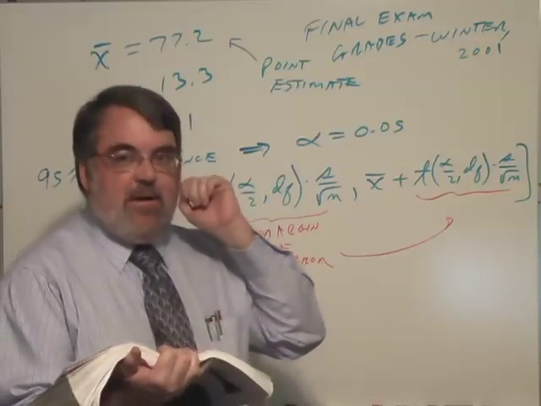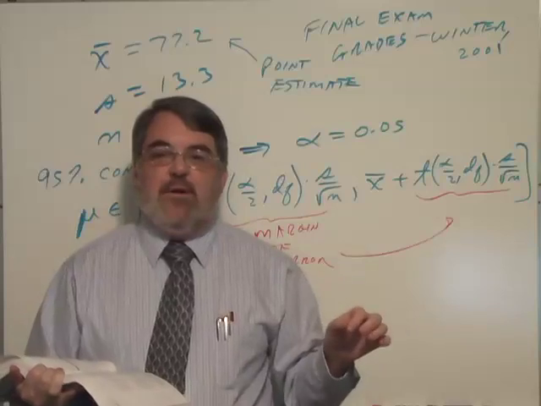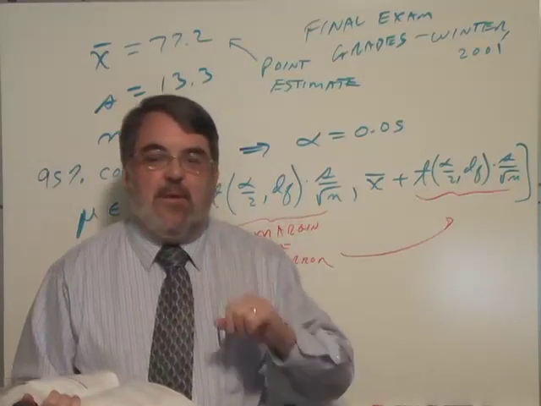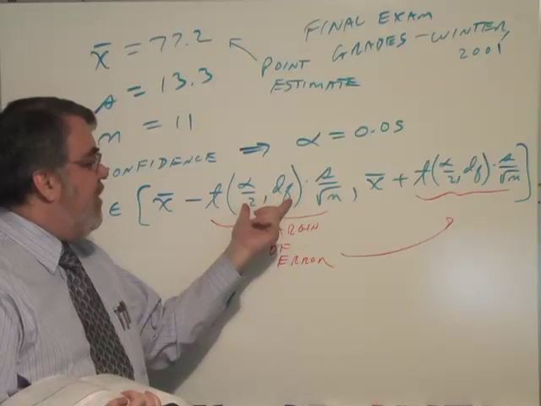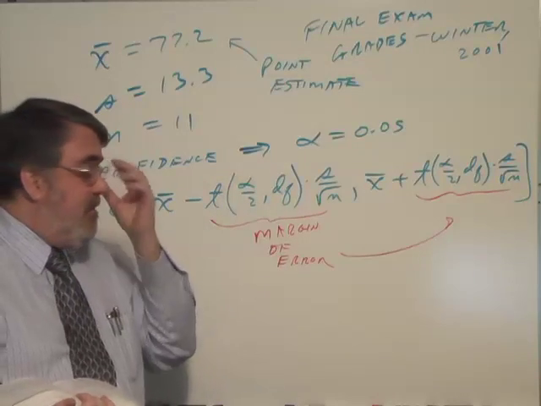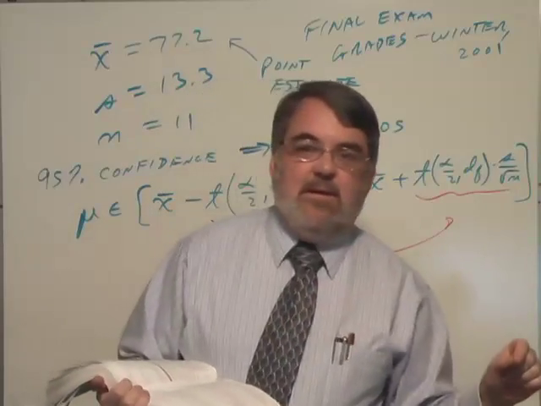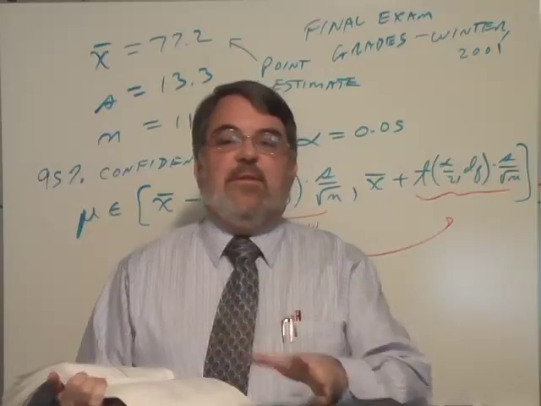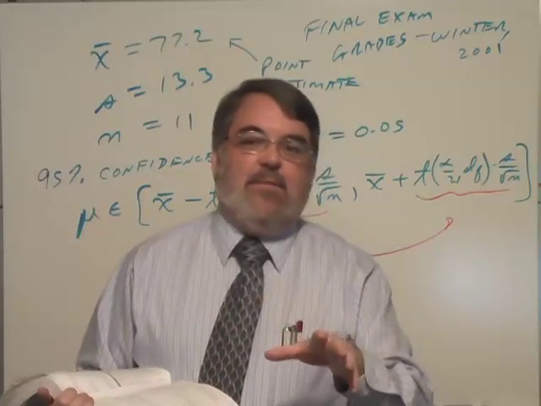And I hope you don't find this too aggravating. I use t and t star the opposite of the way our textbook does. To me, this makes more sense because this is the t-score based upon these input values. So it's a function. And later, when we calculate a t-score, I'll use t-star. So the book uses an opposite notation from me between t and t with an asterisk after it.